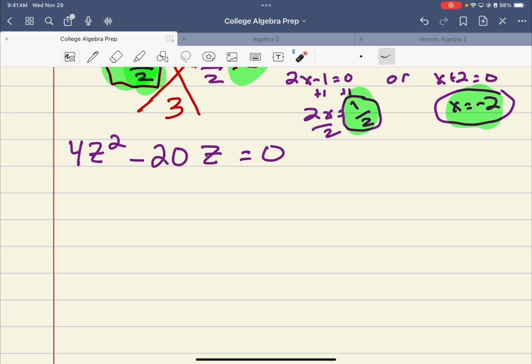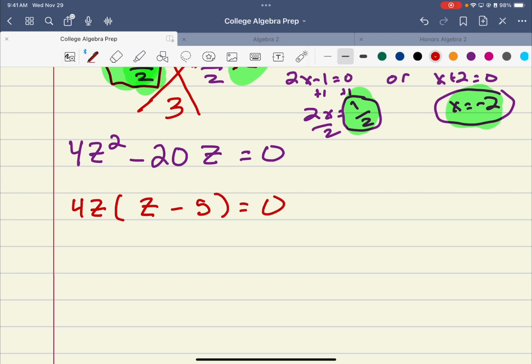What's the GCF for 4 and 20? 4. What's the GCF of z squared and z? z. So we're going to take a 4z out. If we take 4z squared divided by 4z, we're left with z. 20z divided by 4z is 5. Okay, now we're good to go.